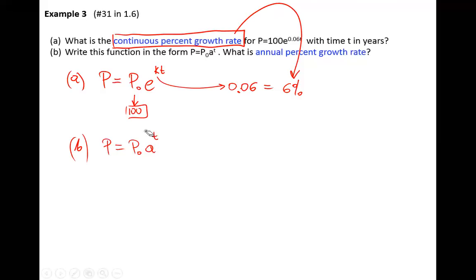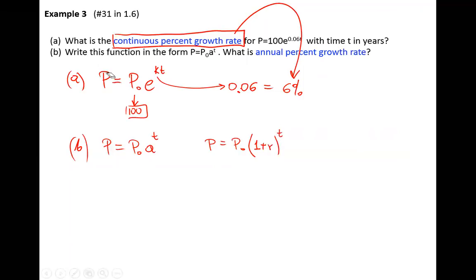This will be P sub 0, and of course this quantity a is 1 plus that rate, to the power of t. Because we know if it's 1, it's just 1, but with the rate, if it's addition, it is growth. If it's subtraction, it's decay.